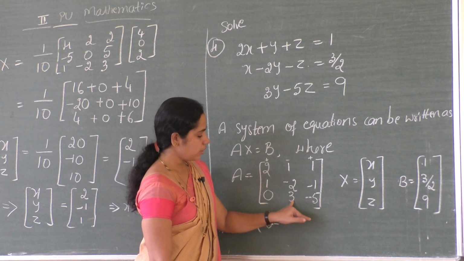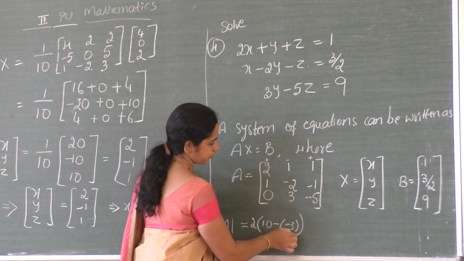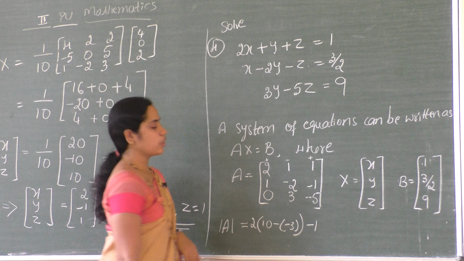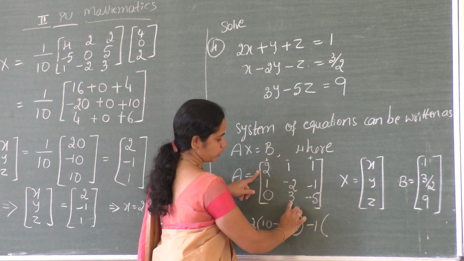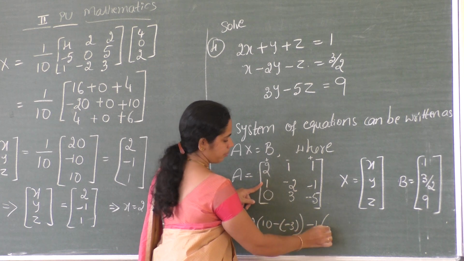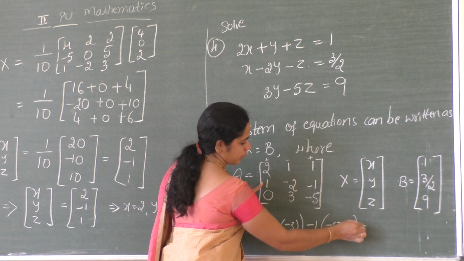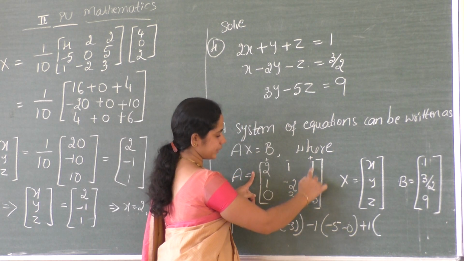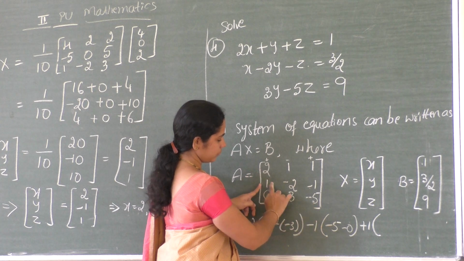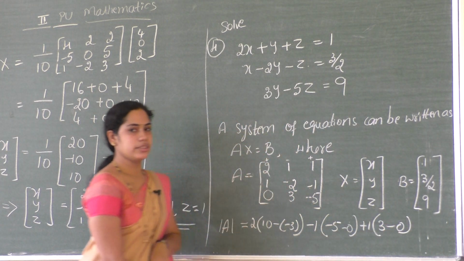Here 10 minus 3, minus 1 into, delete first row and second column, minus 5 minus 0, plus 1 into, delete first row, third column, 3 minus 0.